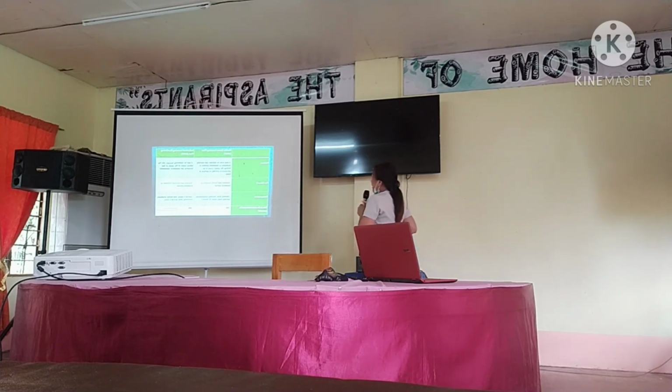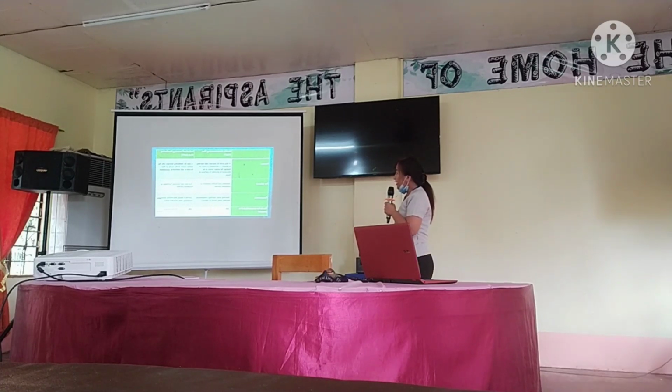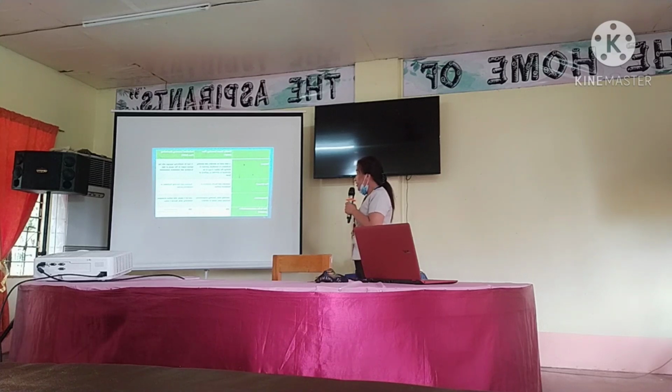Okay, and the next will be the components. The components of the weekly home learning plan are learning area, learning competencies, learning tasks, and mode of delivery. Then the components of the individual learning monitoring plan are learners' needs, intervention strategies, monitoring date, and learners' status.